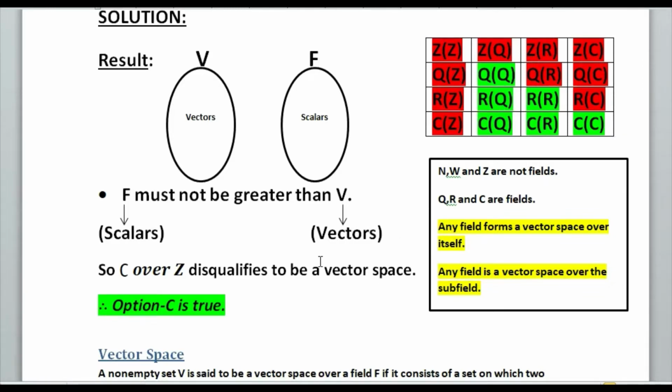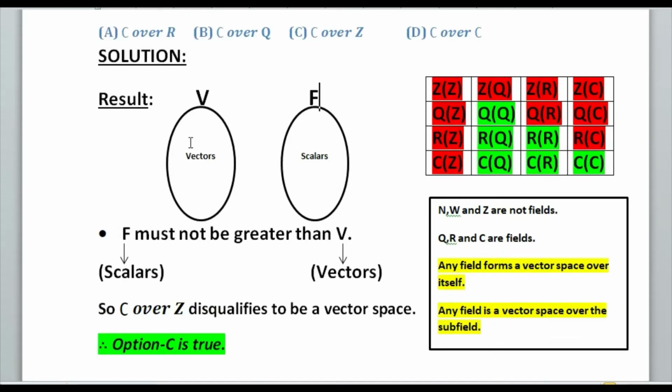The first set is V, the set of vectors. The second set is F, the set of scalars. What are the tricks?